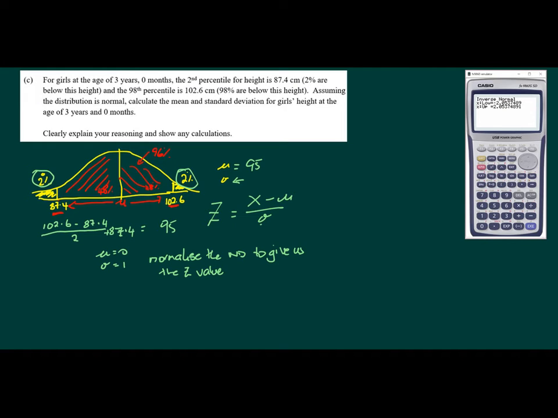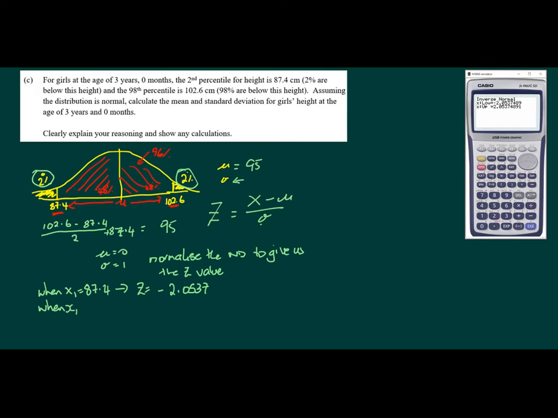We can write that down: when x1 equals 87.4, therefore the Z value is equal to negative 2.0537. You always know that the left tail scores, or anything to the left of the mean, will always have a negative Z value.